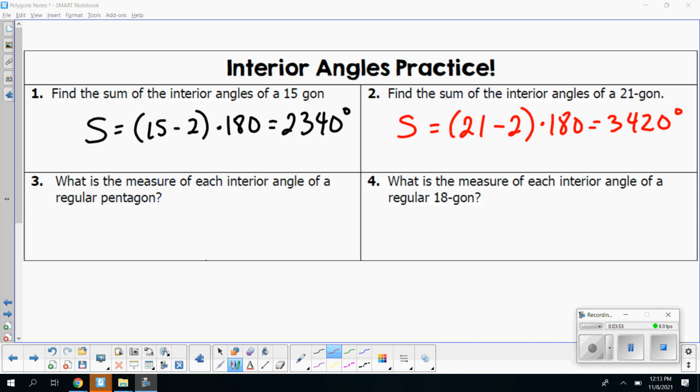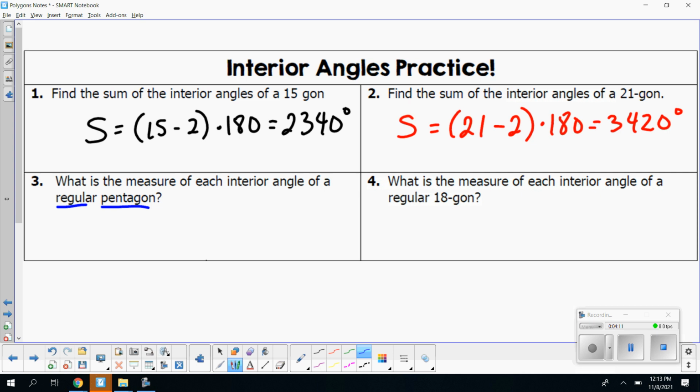Okay, you should have gotten that the sum of the interior angles of a figure with 21 sides should be 3,420 degrees. Okay, number 3, what is the measure of each interior angle of a regular pentagon? Regular pentagon means that all of the angles should be equal.